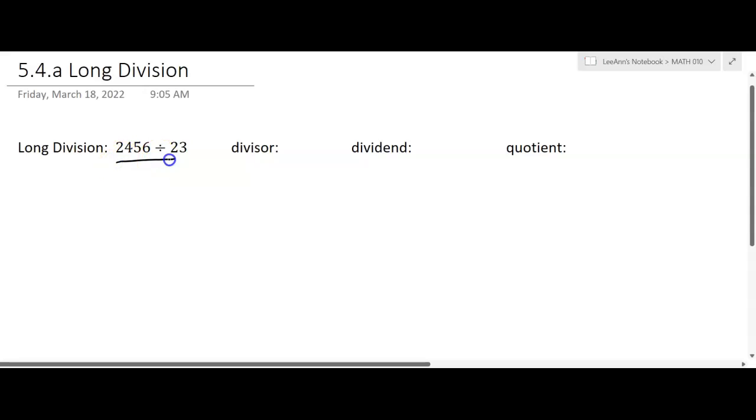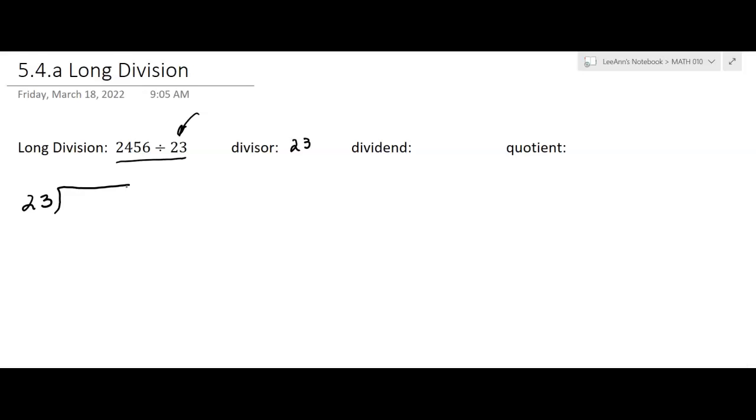So when we're given a problem like 2,456 divided by 23, the 23 is called the divisor, and that's what you're dividing by. So I'm going to put the 23 there, and then I'm going to make the little division house. I forget what that's called, but it has a name. And we're going to divide into 2,456.